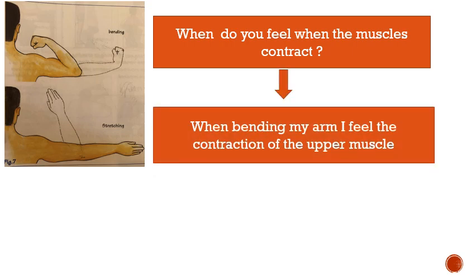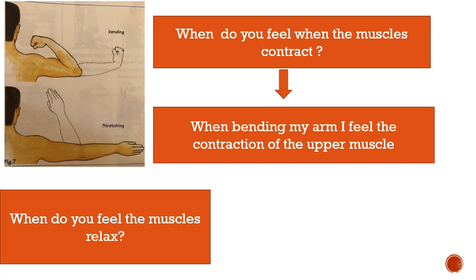So when bending my arm, I feel the contraction of the upper muscle. I feel it because the muscle becomes bigger, as you can see in the first picture. The man bends his arm, and the upper muscle here becomes bigger.